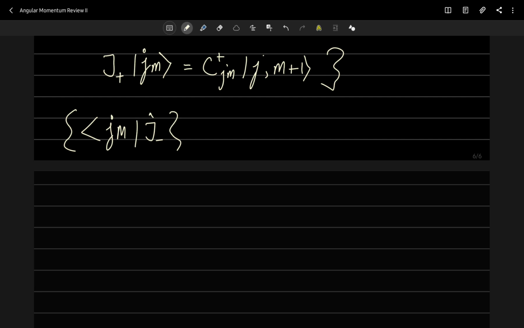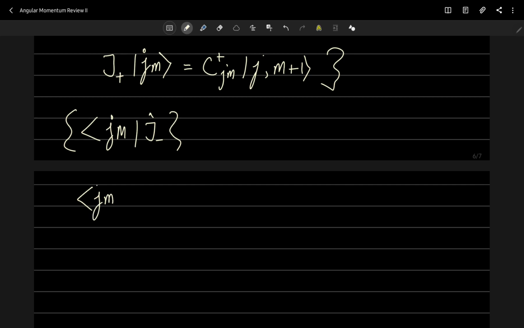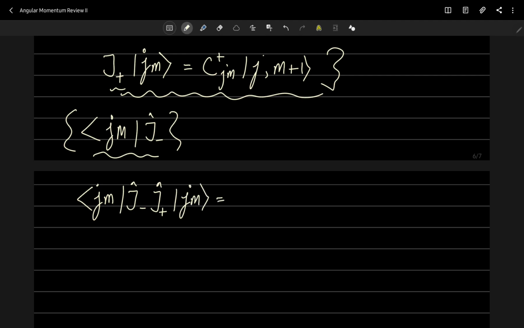Well, then that thing is <jm| J minus, which is this thing. Now I'll take it on this equation. For the left hand side, I would have <jm| J minus J plus |jm>, which is equal to, now I have to apply this thing on the right hand side as well.